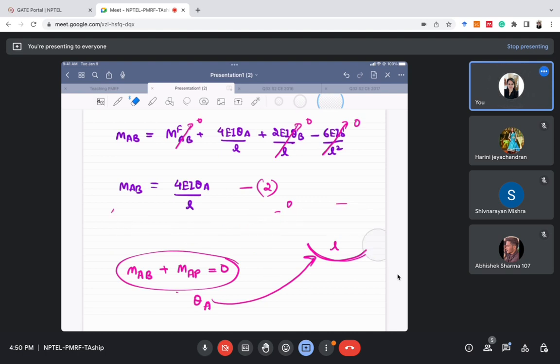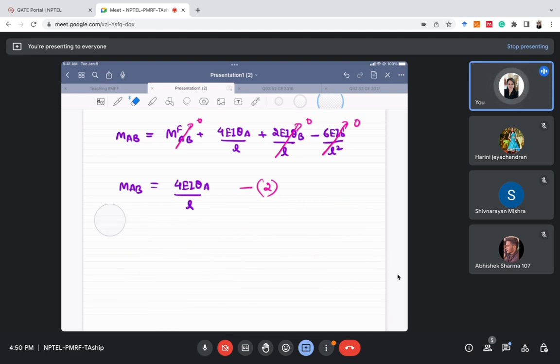So let me find the value of theta A. I'll use this equilibrium equation MAB plus MAP equal to 0.